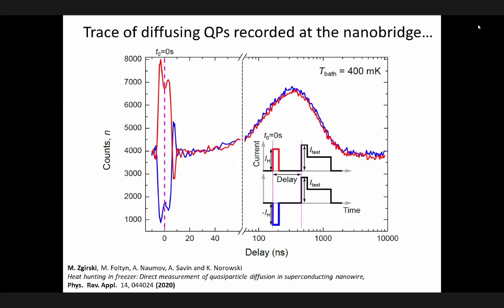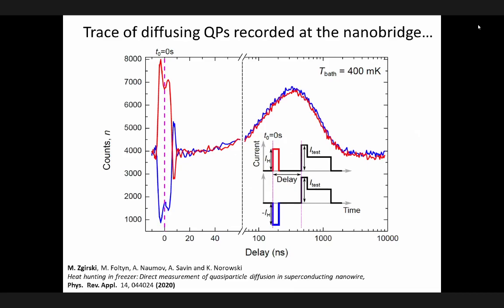Here we have data collected for 2 different polarities, heating positive or negative, to show that the effect does not depend on polarity. At time equals 0, the testing and heating pulses overlap. You have some crosstalk between pulses, so depending on the polarity of the heating pulse, it's up or down.